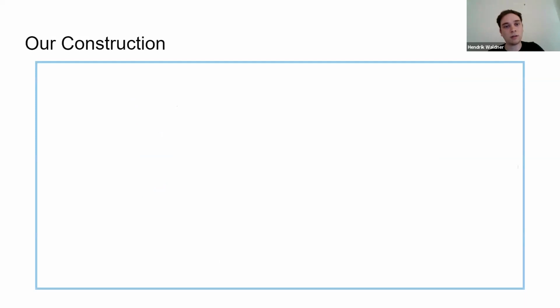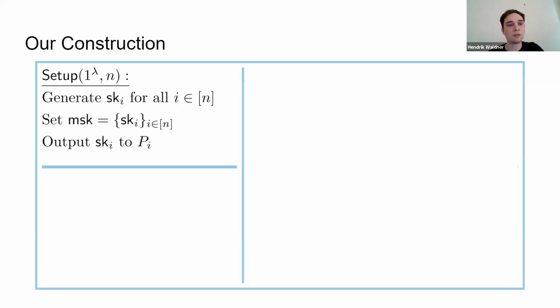So now I can give you a generic overview about how our constructions work based on the different assumptions. We first have a setup algorithm that generates the different secret keys for all the participating parties. The master secret key simply consists of all of these secret keys, and the setup algorithm outputs the secret key to the corresponding party.